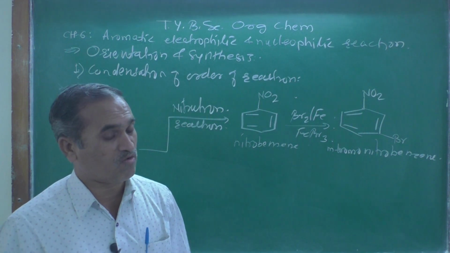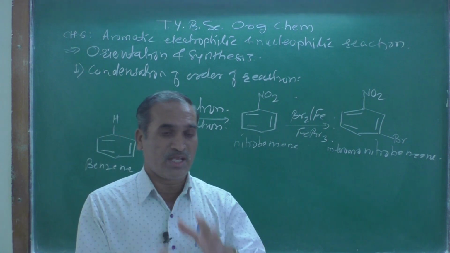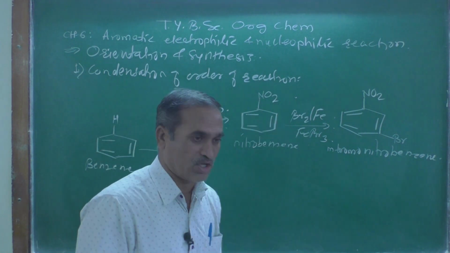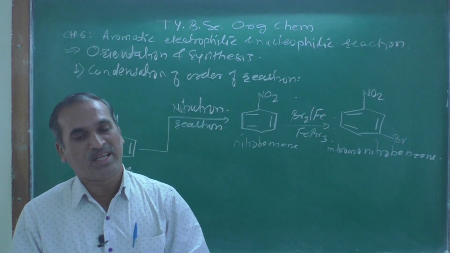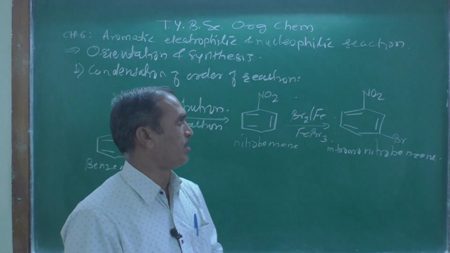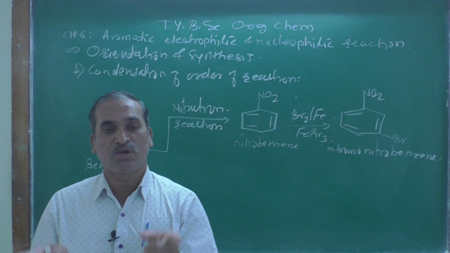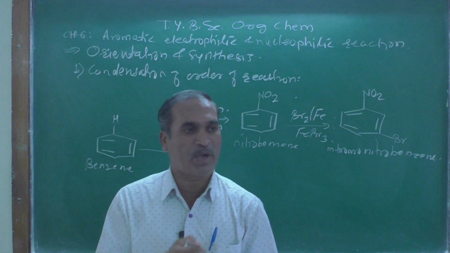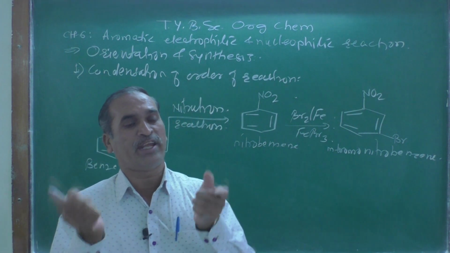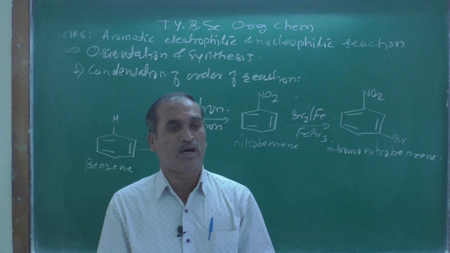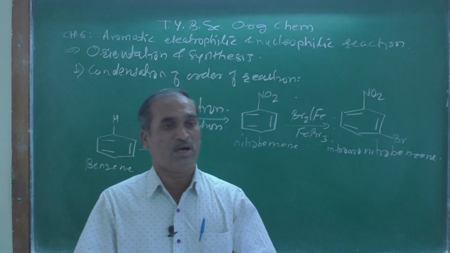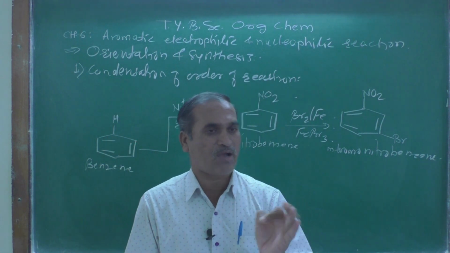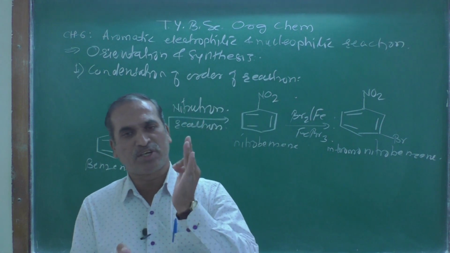Only a single product. Why only a single product? The reason we already discussed: if you draw the resonating structures of nitrobenzene, you will see at the ortho position there will be a positive charge, meaning the ortho and para positions are strongly deactivated due to the minus I inductive effect and the minus R effect. The attack of the electrophile there is difficult.